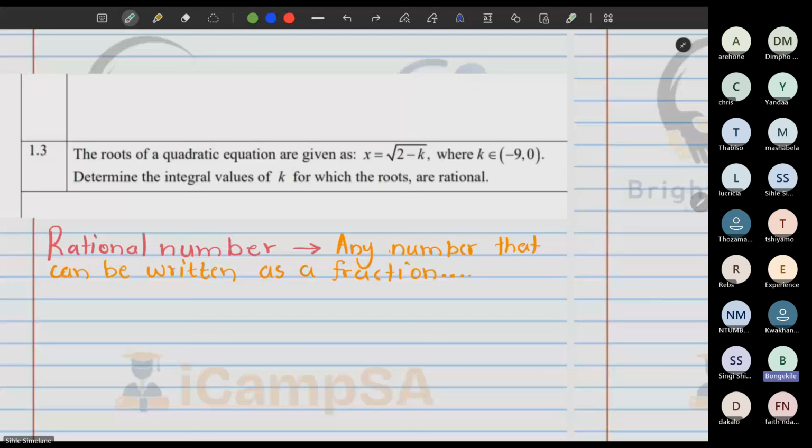Sir, can I try? Yep, you can. -2. Okay, so when we do -2, we'll end up getting a square root of 4, which will be 2. Is 2 a rational number?